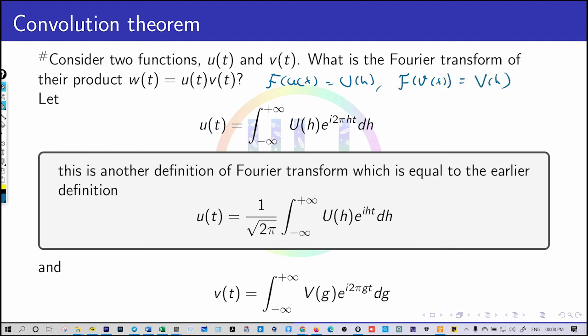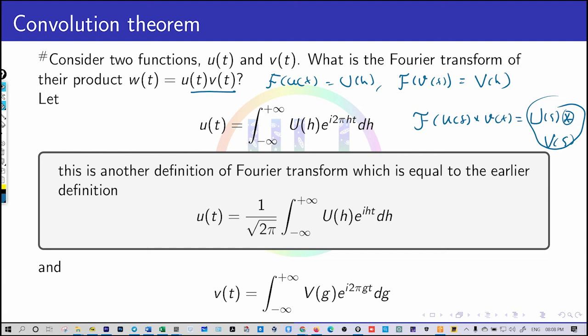Then the product, what is the Fourier transform of the product? Fourier transform of the product u of t into v of t is U of s star V of s, where this star is some kind of product, just like we define a particular product. Then what is this definition?